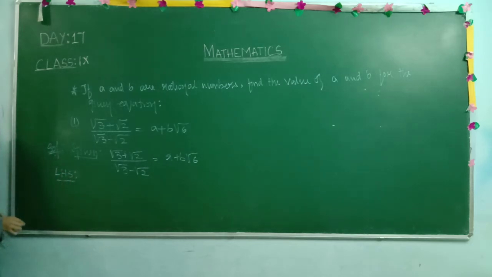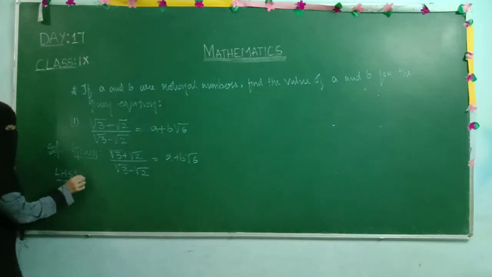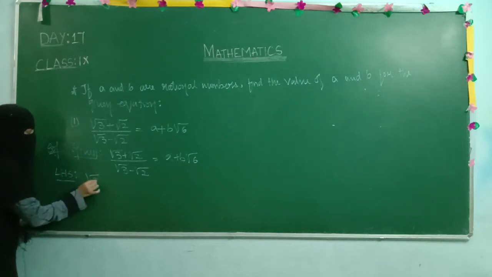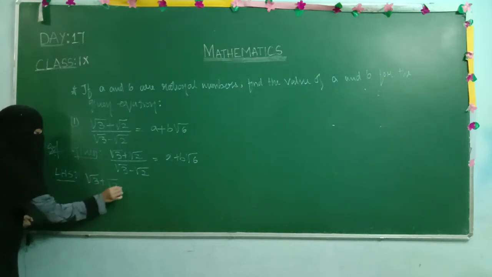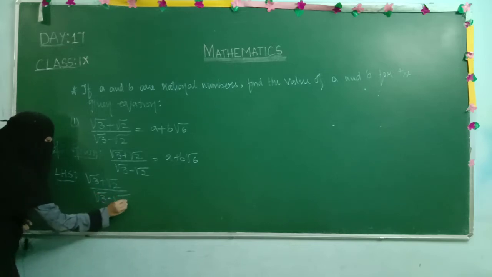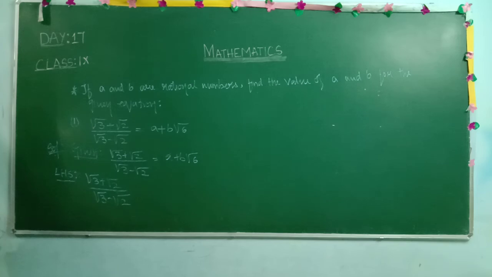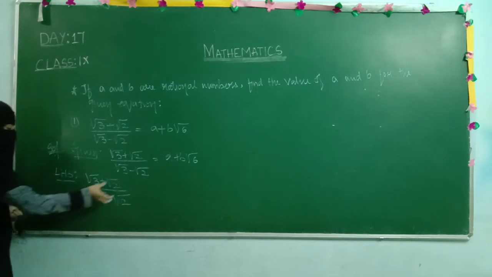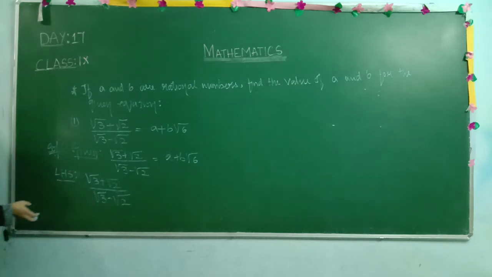LHS, left hand side, it is given that root 3 plus root 2 by root 3 minus root 2. The next important step: as we are seeing, this question is in the form of irrational numbers, so the concept that comes to our mind is that we need to do the rationalization. Here we have understood how we are going to find those a and b values.